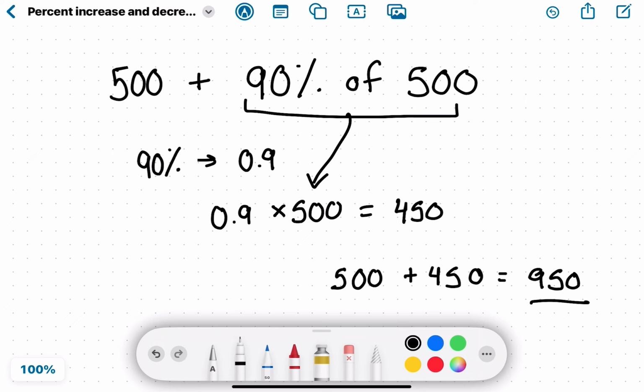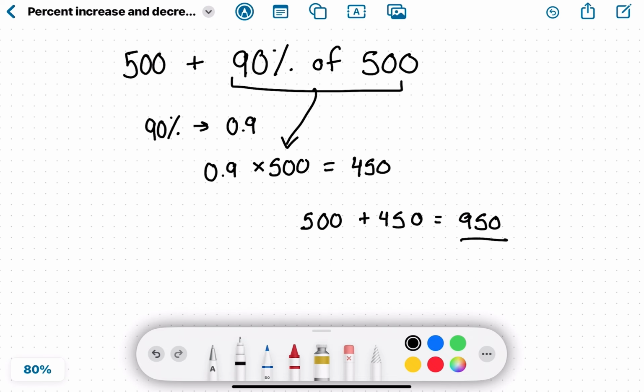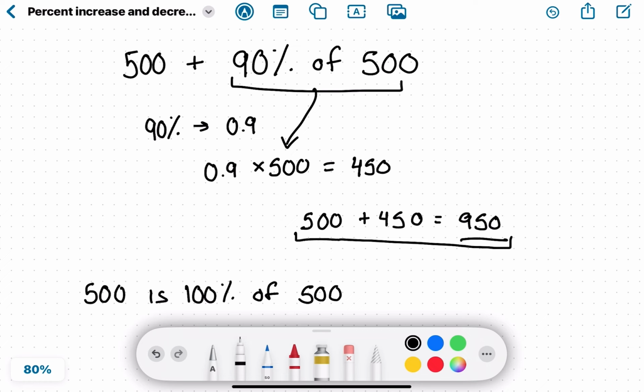You can definitely do that when increasing percentages, but there's a faster and easier way to do it, actually. So remember in my last video how I said that a number is 100% of itself? That's the whole. So in this example, 500 is 100% of 500. And when we're adding right here in this expression, we have one whole.